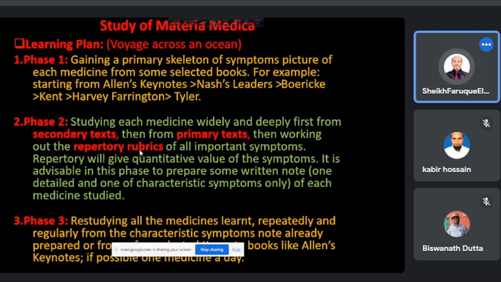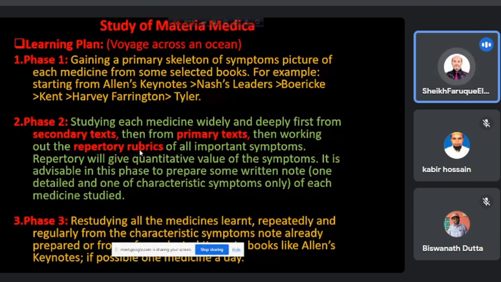Say for example, Kali carb, that he has aggravation at 3 to 4 a.m., after midnight. He has aggravation of respiratory distress, and he'll have to get up and sit and bend forwards. Okay, you find out these symptoms and rubrics in the repertory.